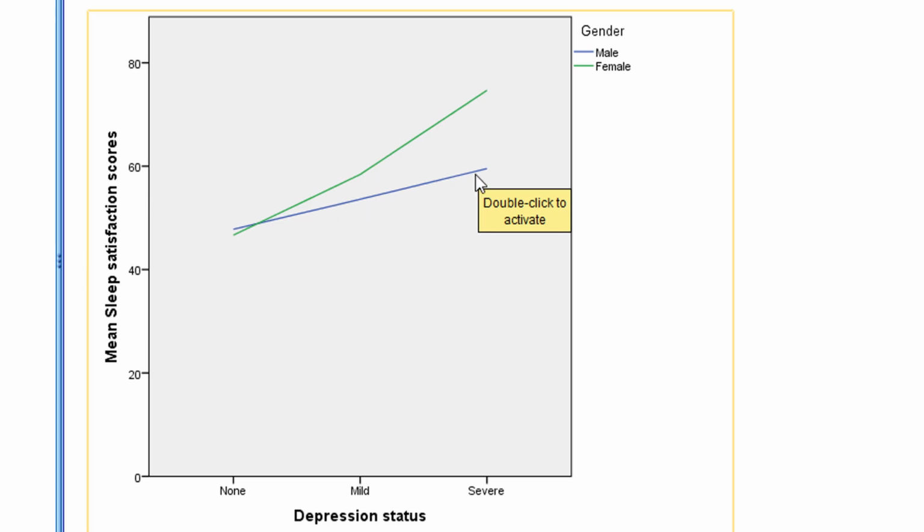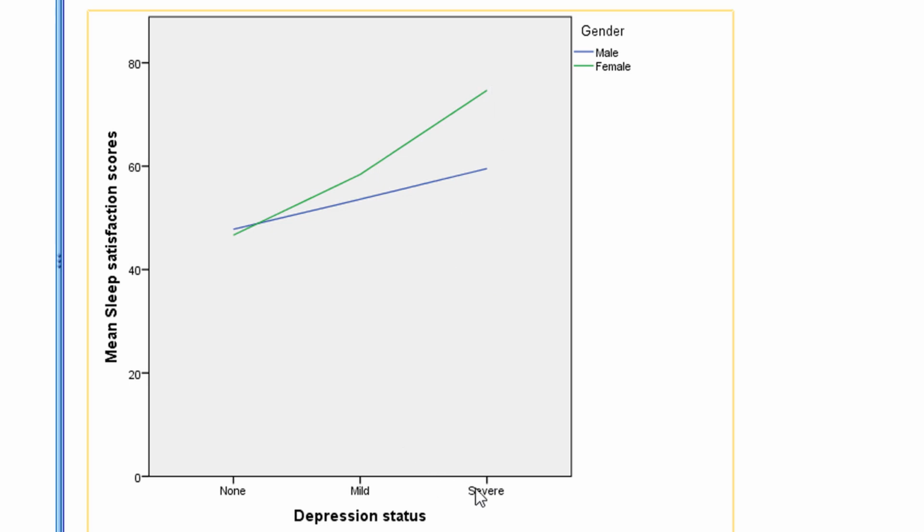And for females you can see there is a very steep increase in the severe depression scores, and these depression scores lead to higher levels of sleep dissatisfaction or poor sleep. You can see that the females or the women are experiencing more sleep dissatisfaction or poor scores on sleep satisfaction when they have severe depression status.